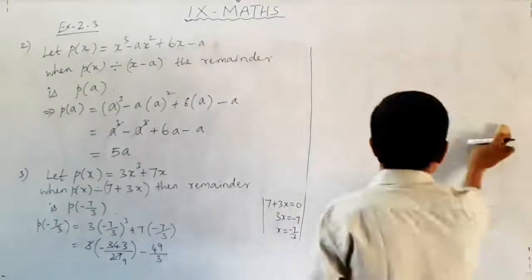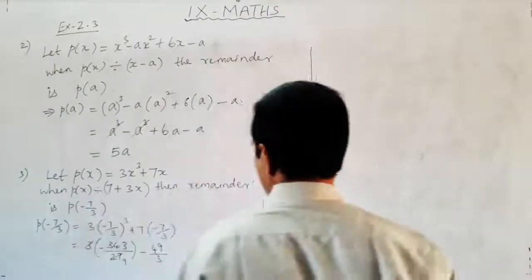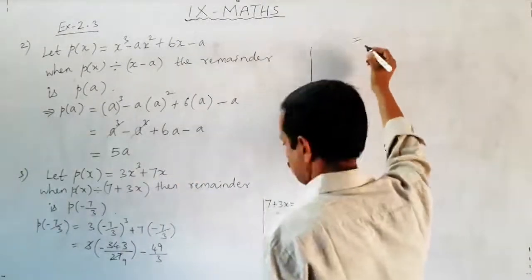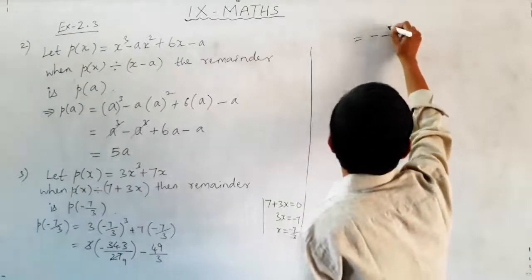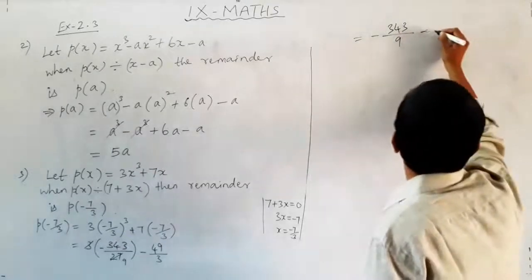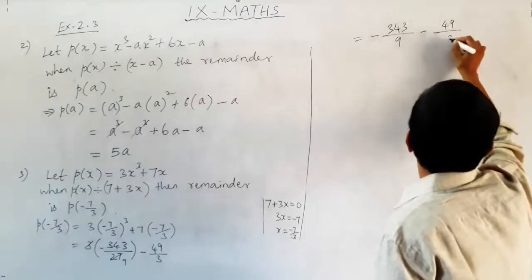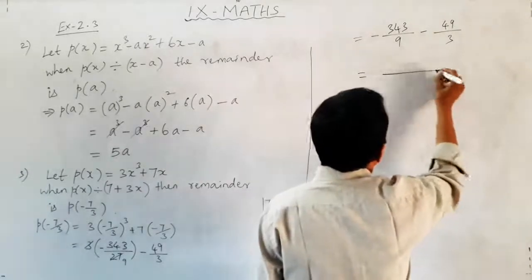Listen carefully how we are simplifying it. This is equal to minus 343 by 9, and then minus 49 by 3. Okay, so here the LCM is 9.